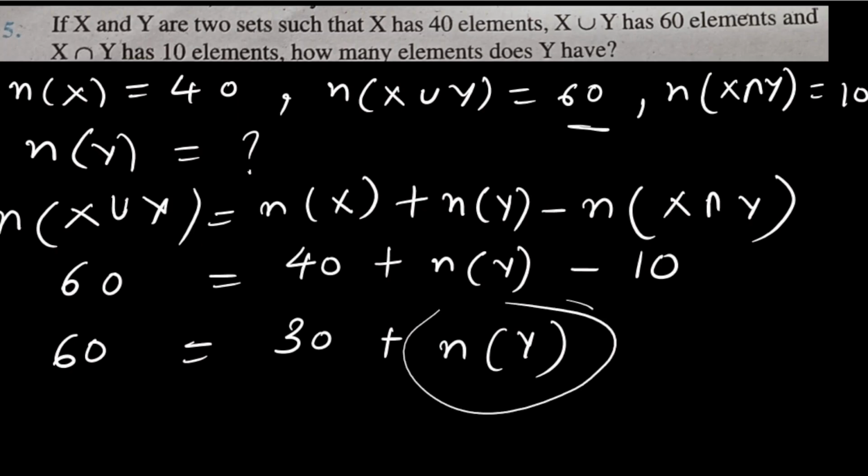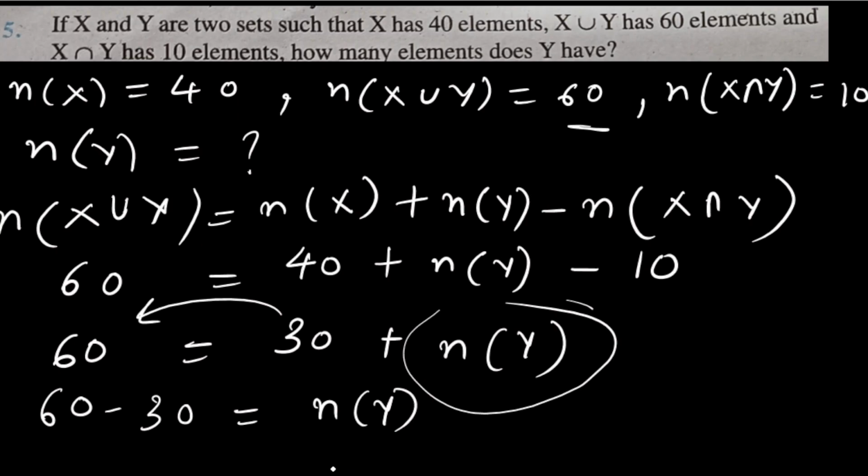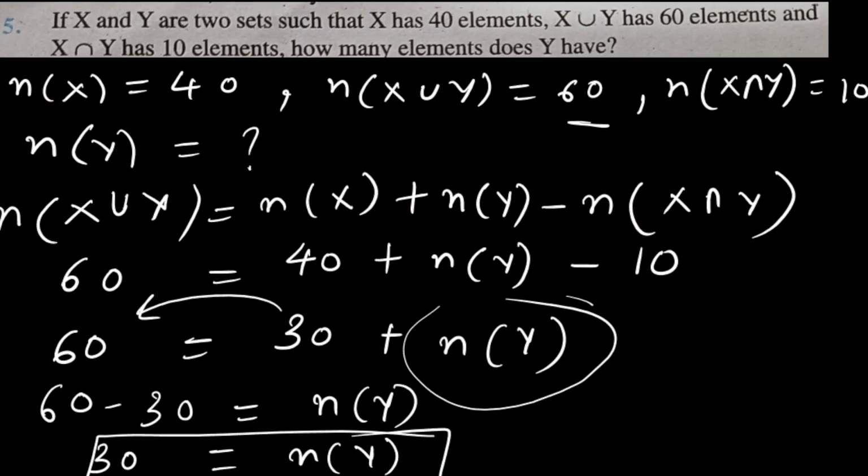Because this is the unknown thing which we have to find, let's shift 30 to the other side. So 60, this positive 30 when shifted to the other side becomes negative 30, is equal to n(Y). n(Y) means the number of elements in Y. So 60 minus 30 is 30. So the number of elements in Y is 30. Fifth question also done.